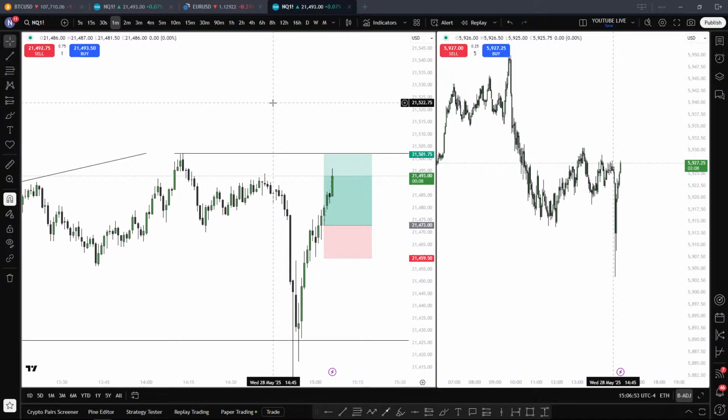You're trading market maker models with time-based SMT, tapped and a clear drawn liquidity, mostly equal highs, lows.